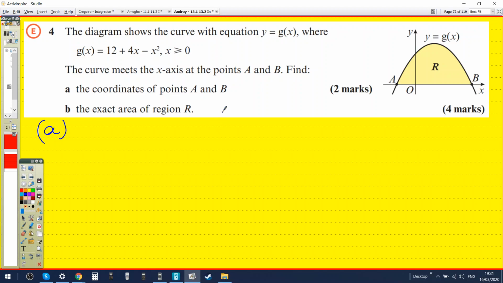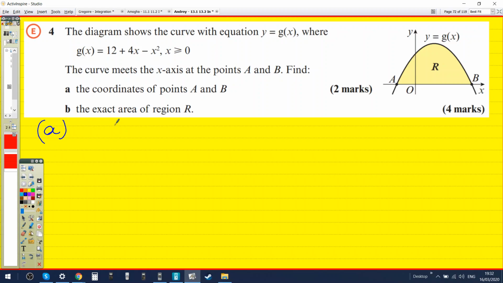Mm-hmm. So, do I even need to integrate this? That's part B. So if I literally just put that thing into my graphical calculator, it'll give me the roots, won't it? Yep. Or you can use the quadratic solver, whichever you prefer.